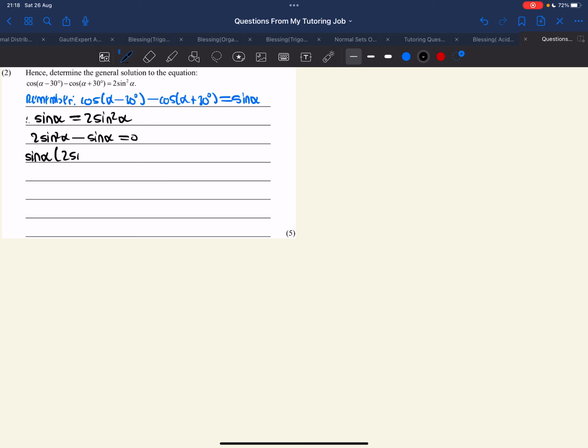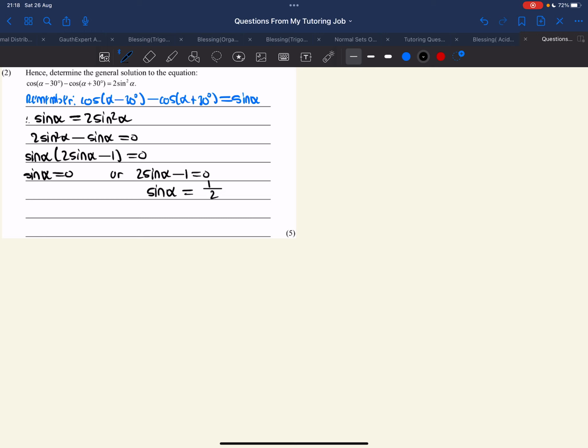Then we're going to be left with 2 sine alpha minus 1 equals 0. Then we're just going to equate them to 0. So it's sine alpha equals nil, or 2 sine alpha minus 1 equals nil. Then that one basically is going to become sine alpha equals 1 over 2.